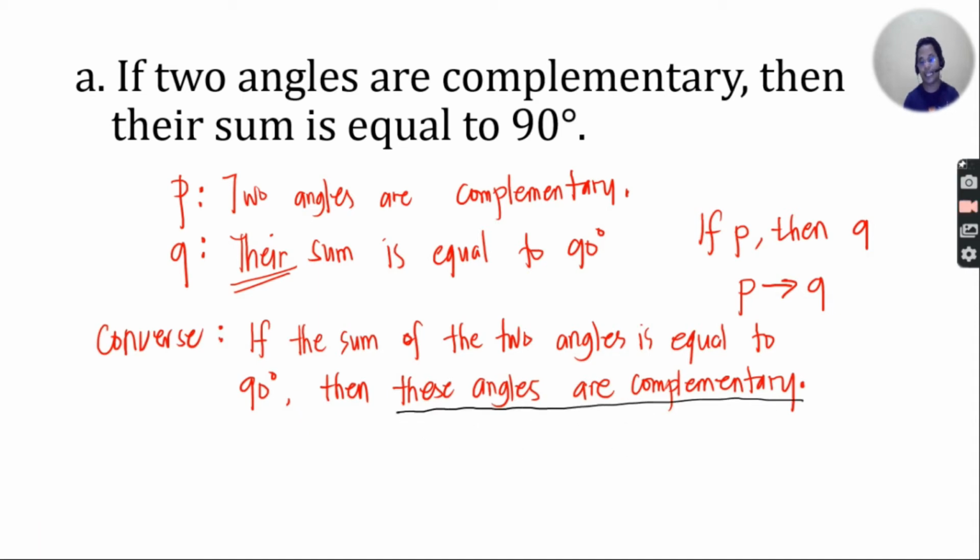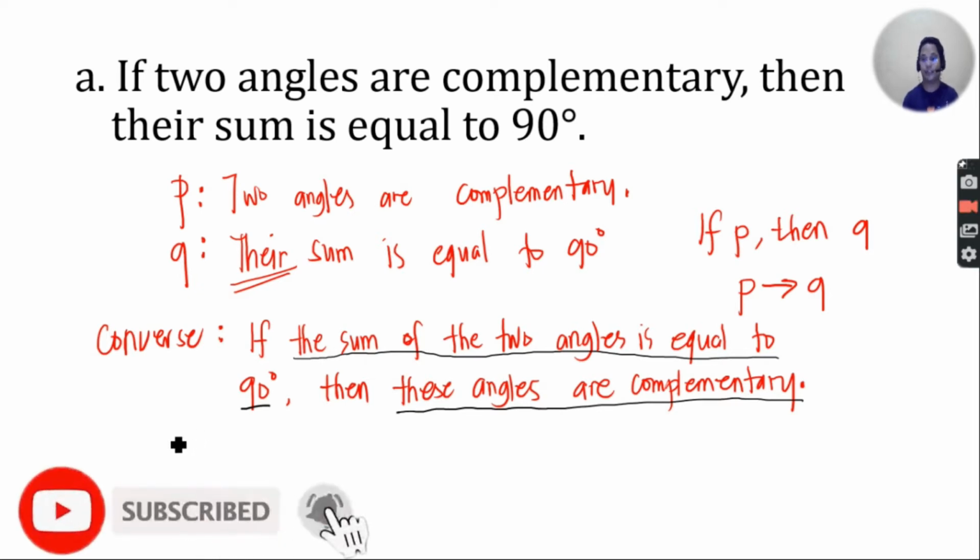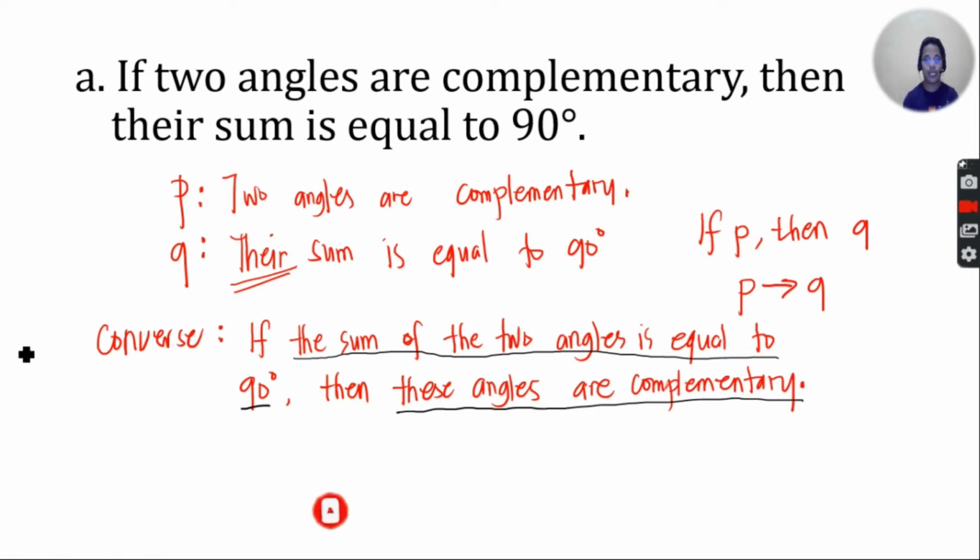So, ito yung ating hypothesis kanina, naging conclusion na siya pagdating sa converse. And yung ating conclusion ay naging hypothesis na siya sa converse ng ating conditional statement po. Then, ang converse po natin ay Q implies P po.